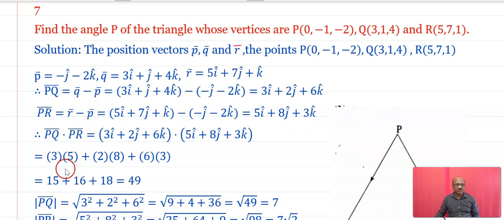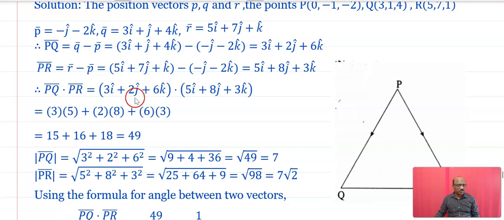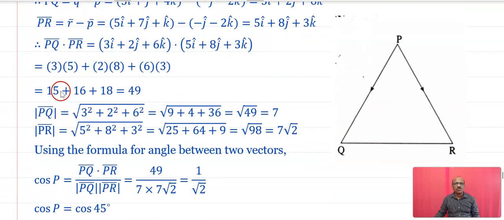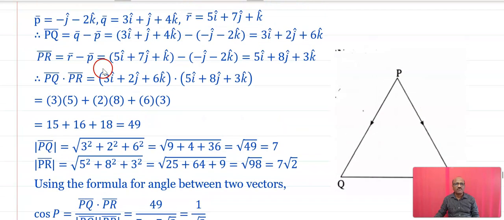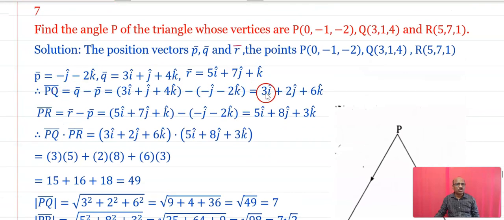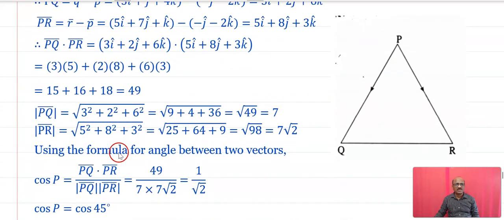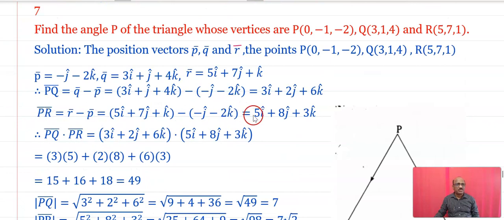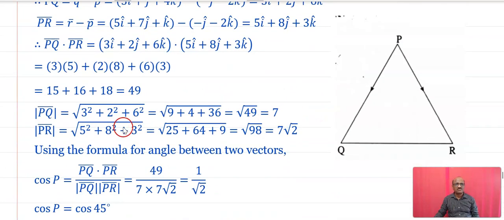Now their dot product, PQ bar dot PR bar. That is 3 into 5, 2 into 8 and 6 into 3. Overall, you will get 15 plus 16 plus 18, that is equal to 49. Now to find their magnitude, mod of PQ bar is equal to root of 3 square plus 2 square plus 6 square, and PR bar is 5 square plus 8 square plus 3 square.